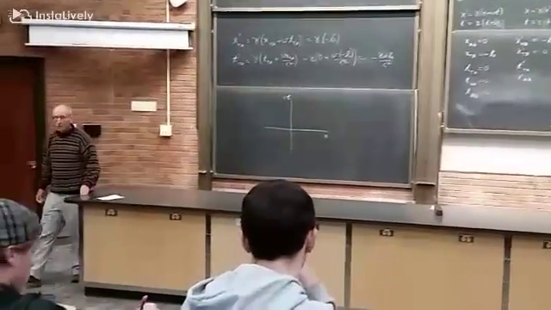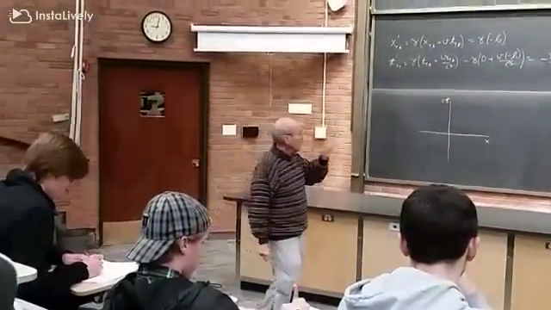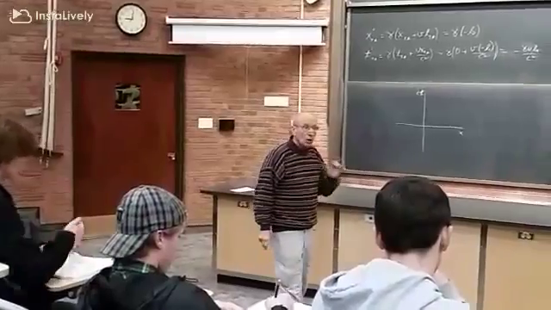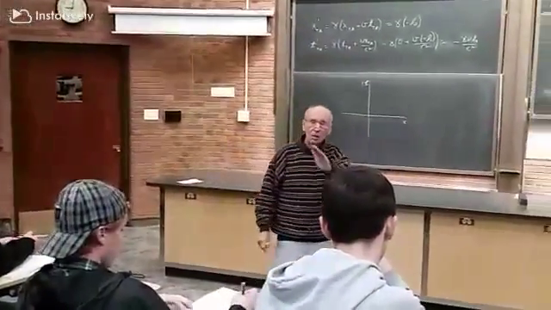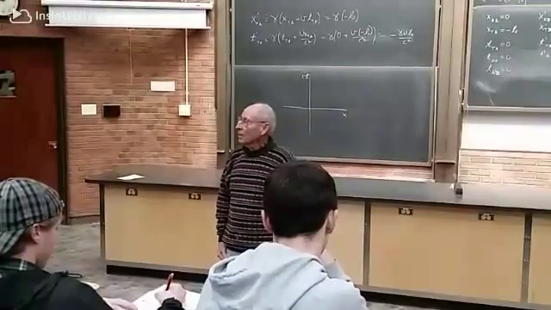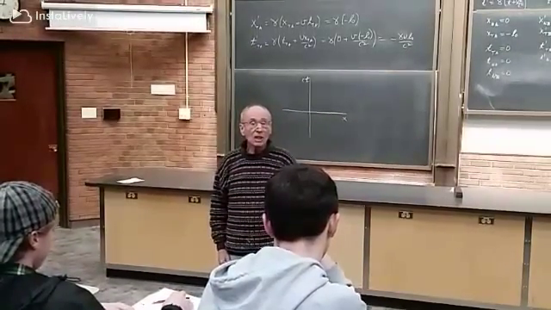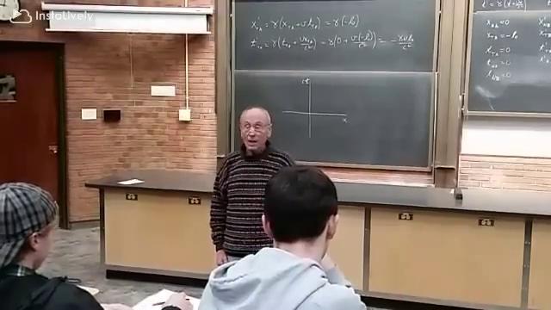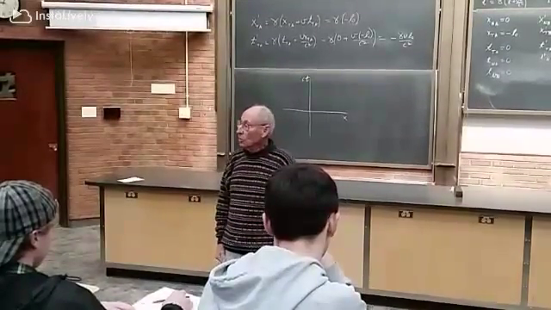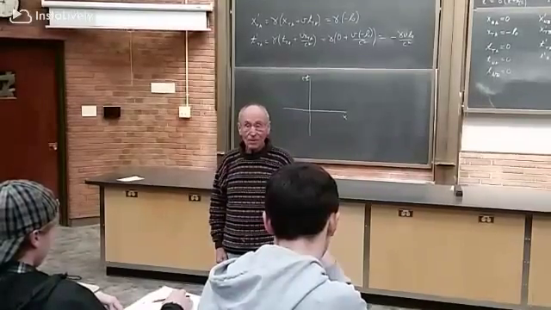And now, the first thing I want to ask is, in that picture, what would a light beam look like? What would be the path of a light beam? Well, the light beam is always going to have velocity c, and therefore the distance it goes in time t is going to be ct.